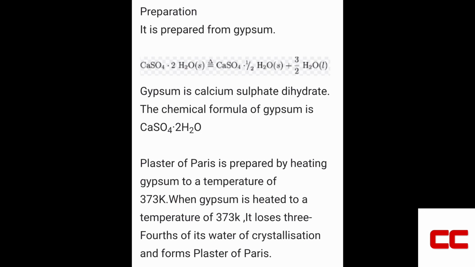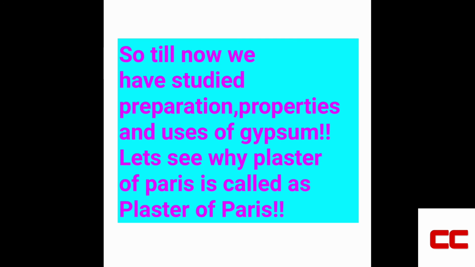So by now you must have understood that to form plaster of Paris we need gypsum, and we have to heat gypsum to a very high temperature of 373 Kelvin. Then it loses 3/4 of its water of crystallization and forms plaster of Paris. So till now we have studied the preparation, properties and uses of plaster of Paris.